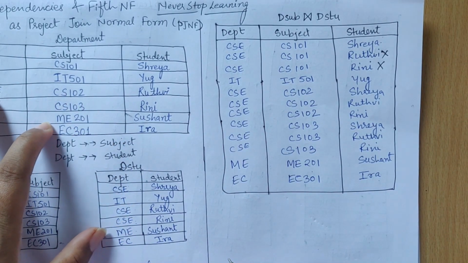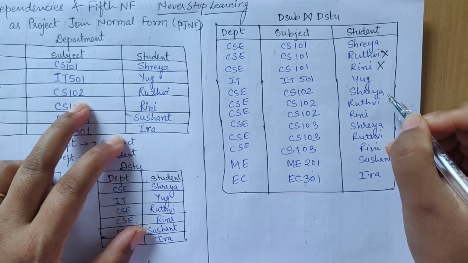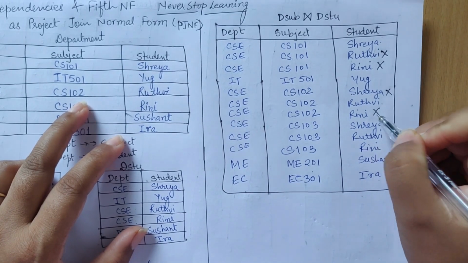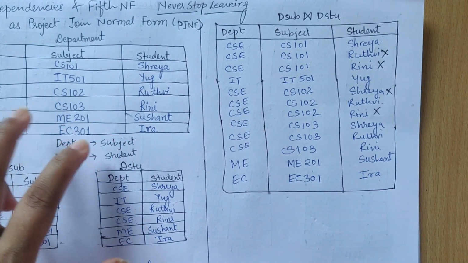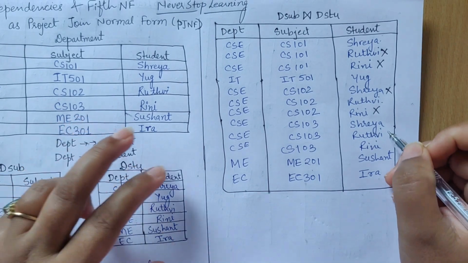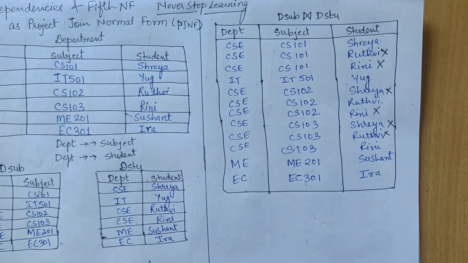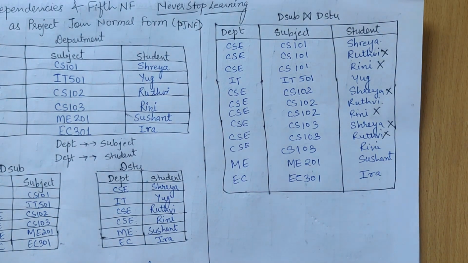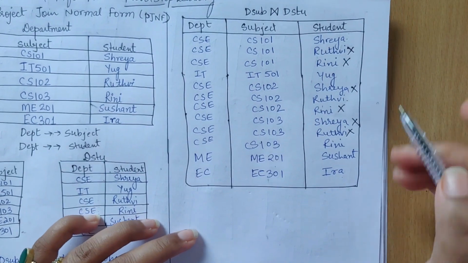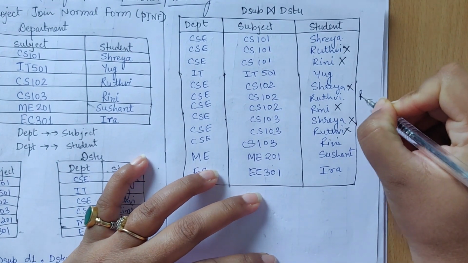Similarly, CS102, Rutvi is there, Shreya and Rini are not there. CS103, Rini is there, but Shreya and Rutvi are not there. So like this, 6 extra tuples, which we call redundant tuples.